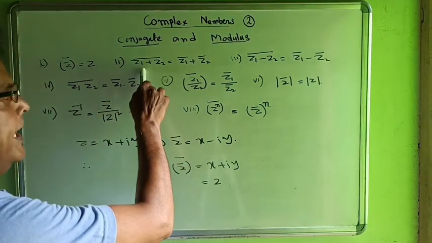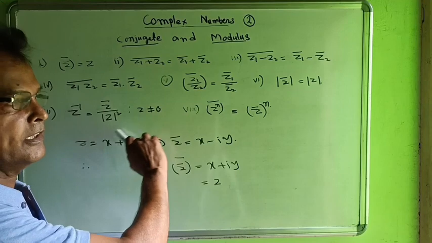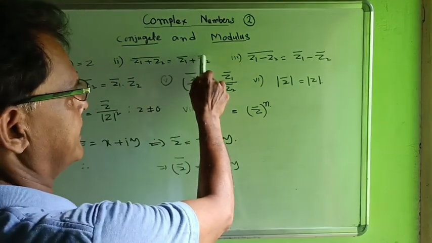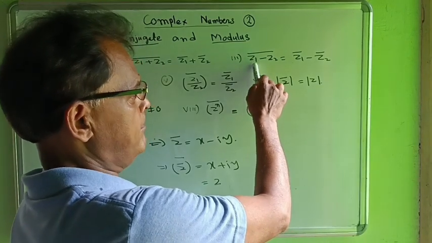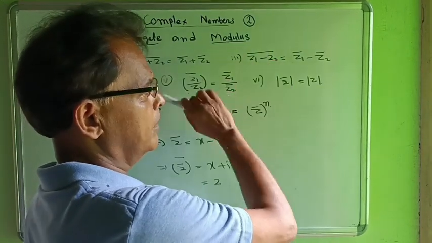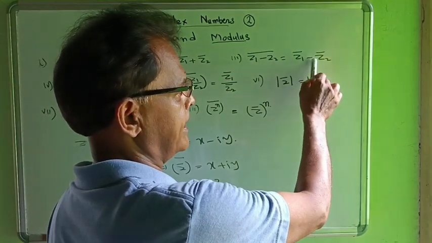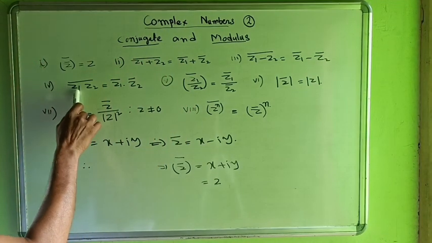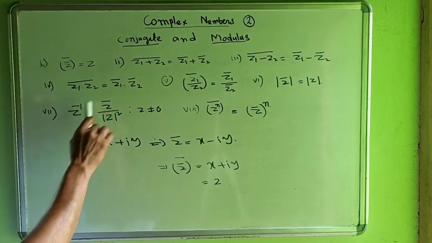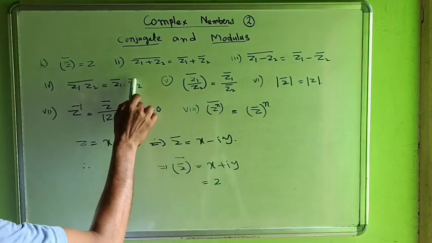Next property, z1 plus z2 whole bar is equal to z1 bar plus z2 bar. Property 3, z1 minus z2 whole bar is equal to z1 bar minus z2 bar. Similarly, z1 into z2 whole bar equals z1 bar into z2 bar.